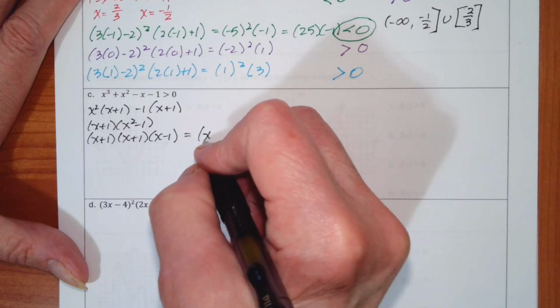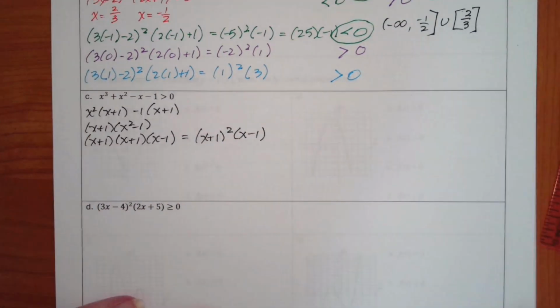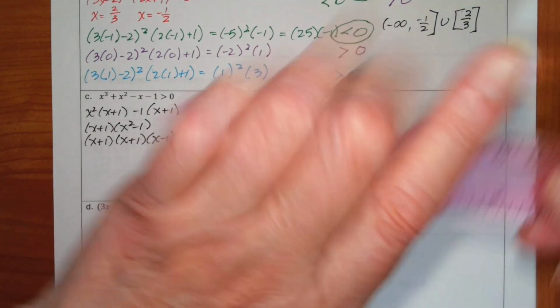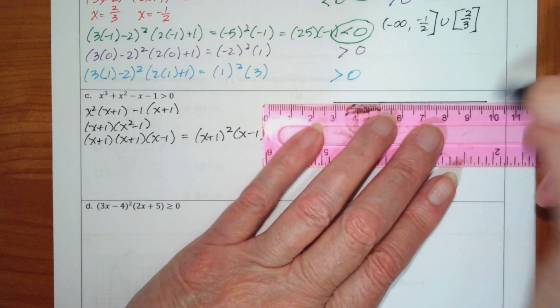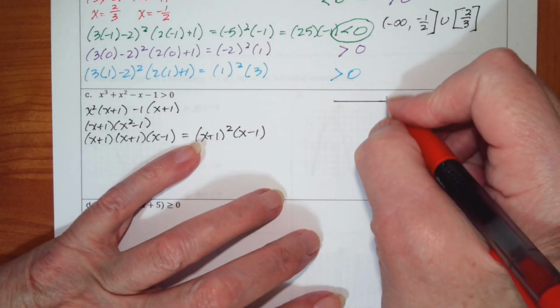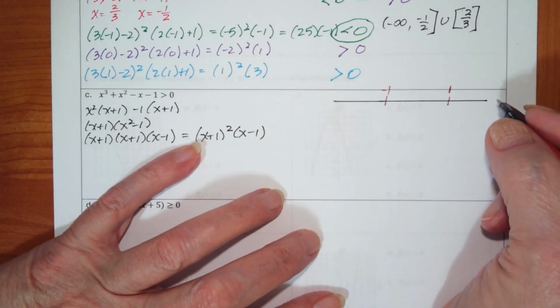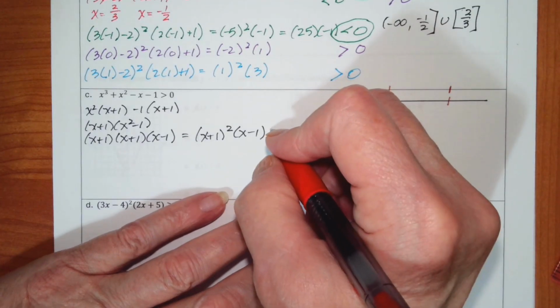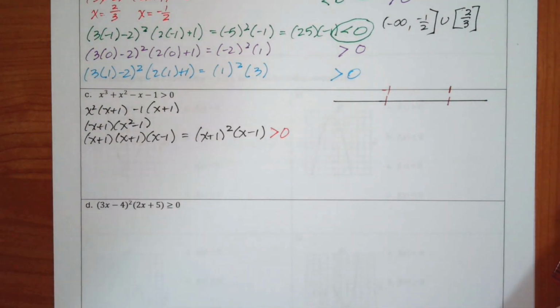Or x plus 1 squared times x minus 1. All right, so what does that tell me? I've got boundaries at negative 1 and 1. Okay, so they will be 0 at negative 1 and 1. And of course, I'm looking for where this is greater than 0.